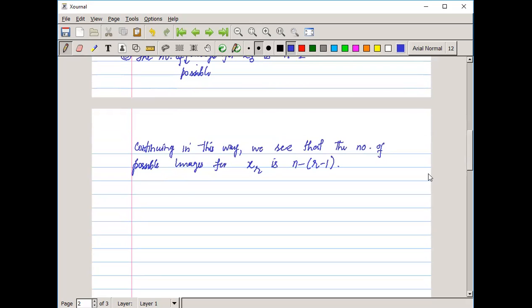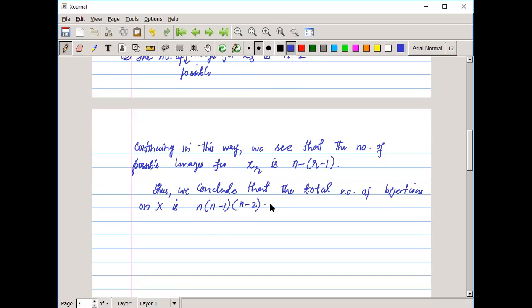So combining all these things, we conclude that the total number of bijections on X is n into n minus 1, where n is the number of images that can be chosen for x1, n minus 1 is the number of possible images for x2, and similarly n minus 2 is the number of possible images for x3, and so on.